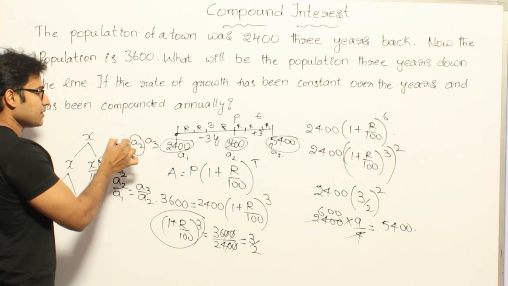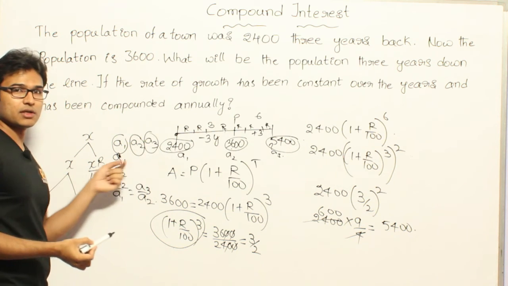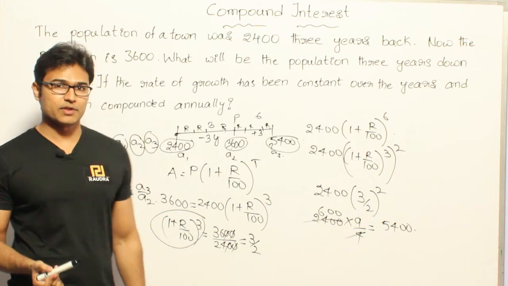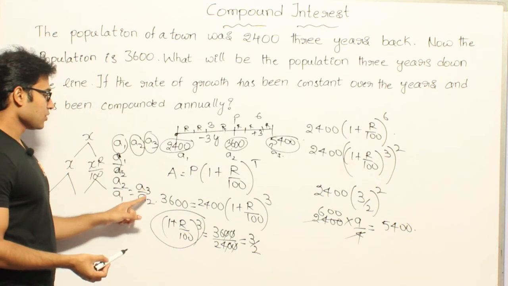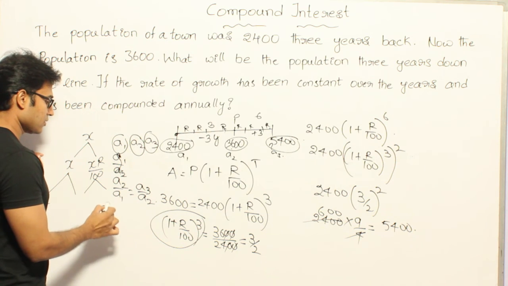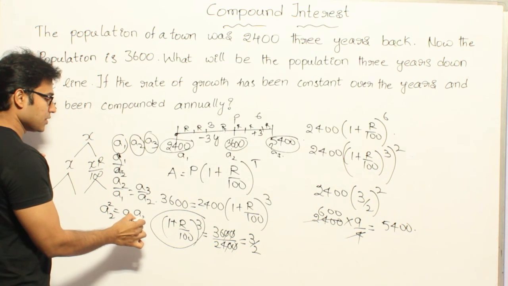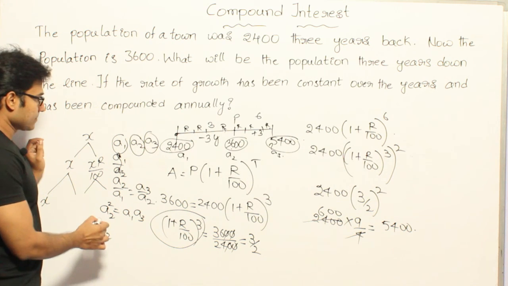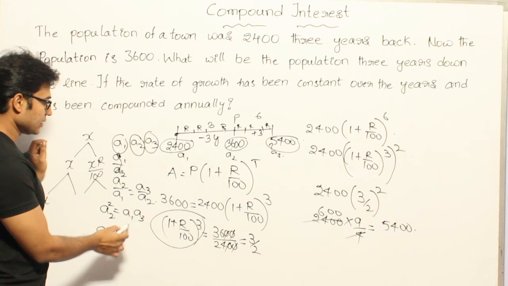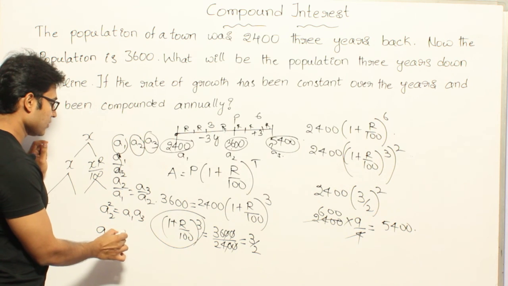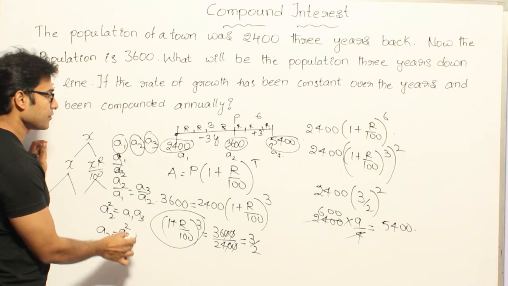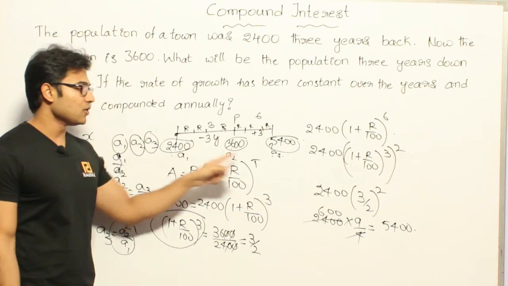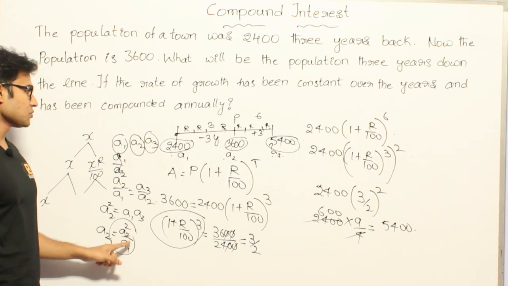In a GP, the ratio of two successive terms is nothing but the common ratio r, isn't it? Therefore A2 square is A1 into A3. We want A3, right? Therefore A3 equals A2 square divided by A1. So if this is the first term, this is the second term, and this is the third term, you could find the third term by writing A2 square by A1.